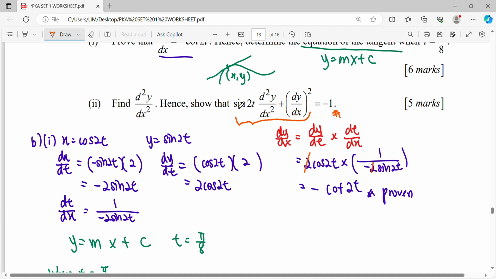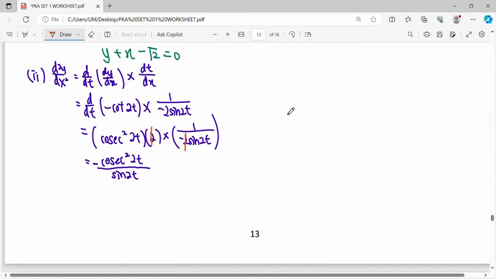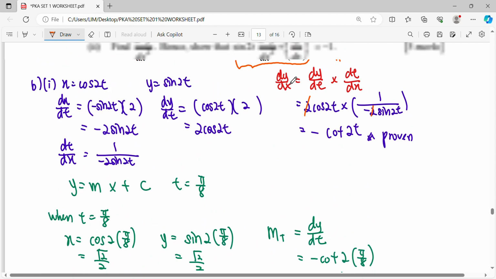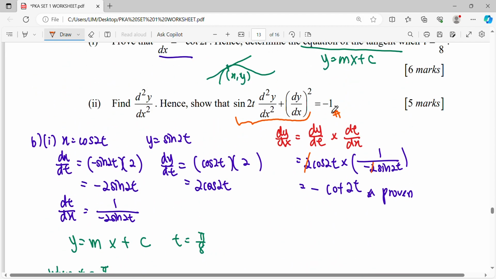So we can take down from the left hand side what is the operation they want here. The operation they want is sine 2t times the second derivative, plus the first derivative squared. So just simplify this part until you can manage to show the answer -1.